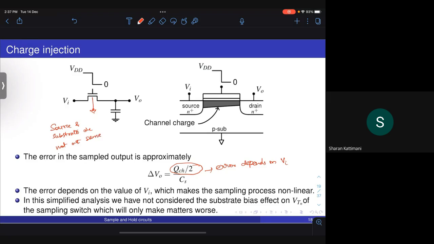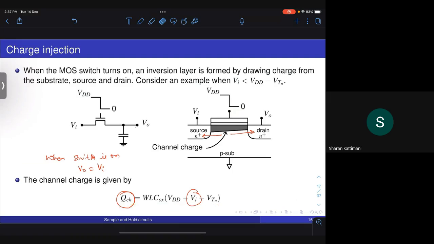So there is a substrate bias effect which changes the VT dynamically, which means that there will be an additional nonlinear term in how much charge is going onto the capacitor, because this VTN also will change with the voltage that is present on the input side.